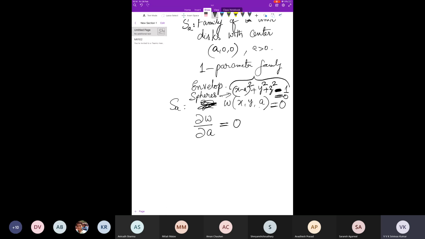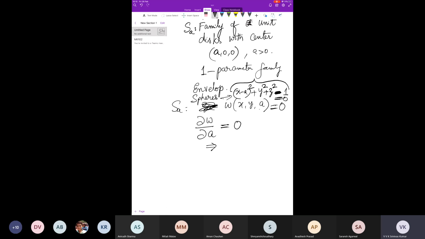So what is that surface? If you differentiate this, you get w_a equal to a function of x, y.